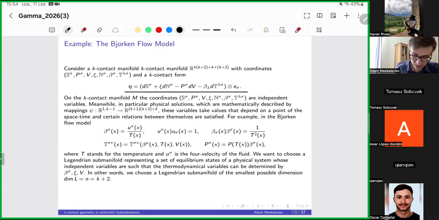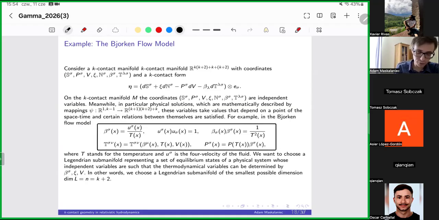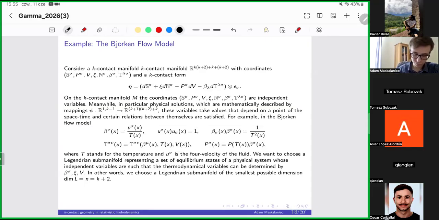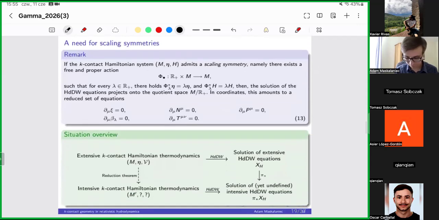And it turned out that the equations derived by physicists to describe this so-called Bjorken flow model exactly correspond to the Legendrian submanifolds of dimension n. So this example really shows that our k-contact framework is a good framework for the physical problems.